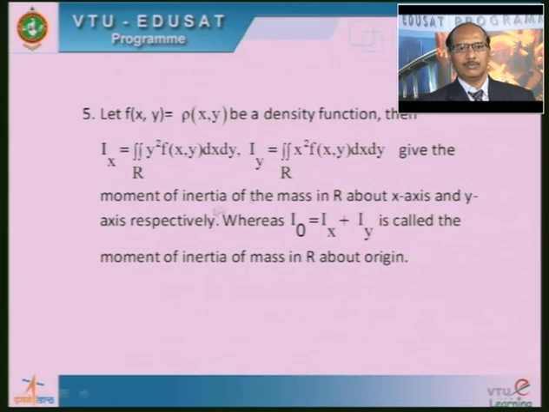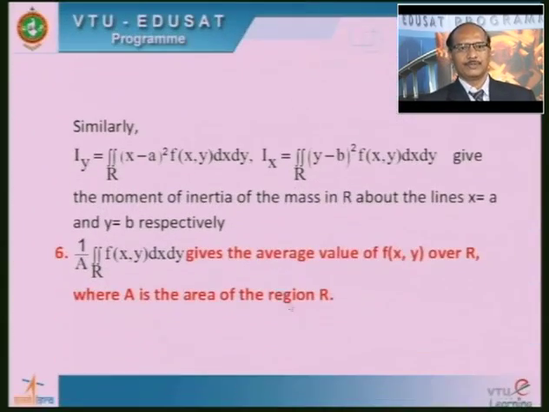These two give the moment of inertia of the mass in R about the x axis and y axis respectively. Whereas adding them, I0 equal to Ix plus Iy is called the moment of inertia of the mass in R about the origin. So, these two are about the x axis and y axis, and adding them, you will find the moment of inertia in R about the origin.